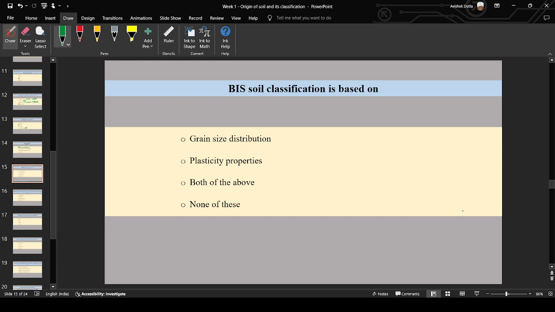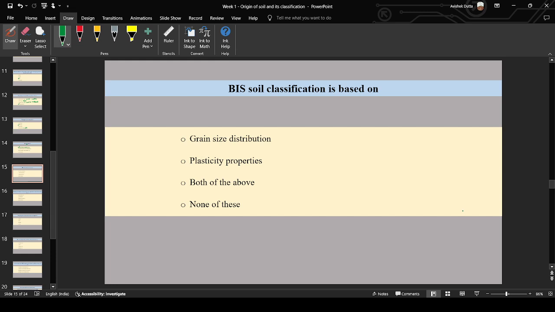Now also, apart from this, the degree of compressibility in a particular soil is a deciding factor. This degree of compressibility or deformation can be known by the plasticity properties, for example, liquid limit, plastic limit, shrinkage limit, plasticity index, liquidity index, consistency index.